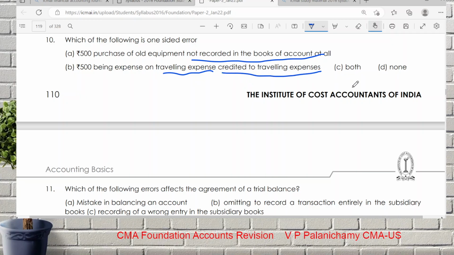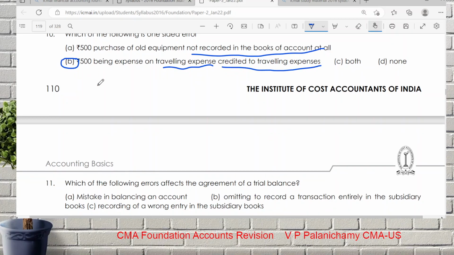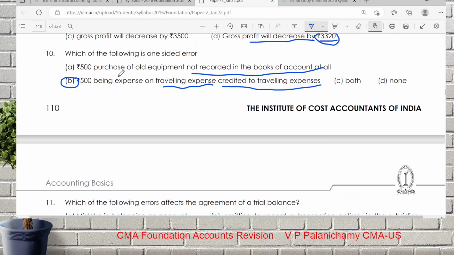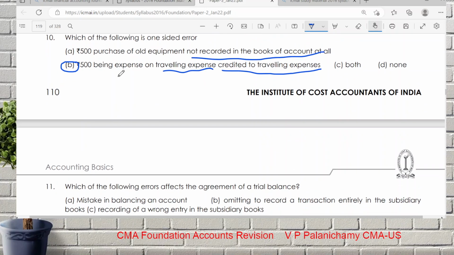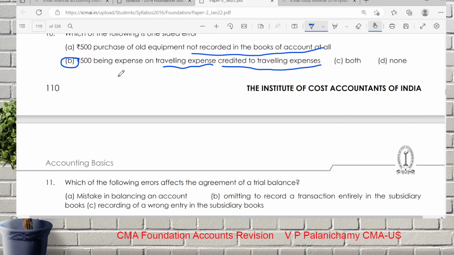But actually debit பண்ணிருக்கணும். 5000 expense of traveling nature should be debited to traveling expense. It's an error affecting only one account. Point number A, both debit and credit are affected. Point number B ல ஒரே ஒரு அக்கௌண்ட் தான் அஃபெக்ட் ஆயிருக்கு. என்ன அக்கௌண்ட்? Traveling expense. So answer is B.